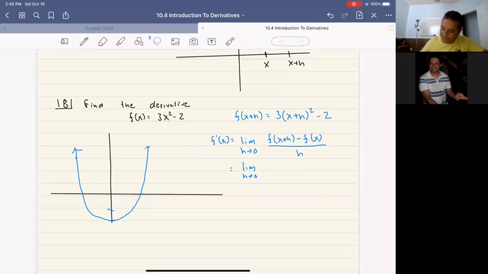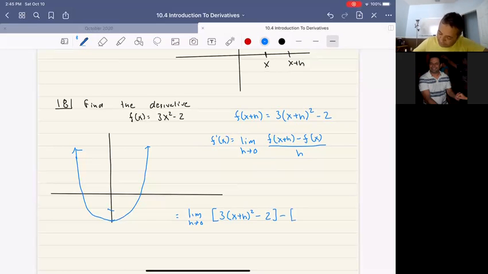Okay? So we're going to get 3 times x plus h squared minus 2. That's f of x plus h, minus 3x squared minus 2, divided by h.